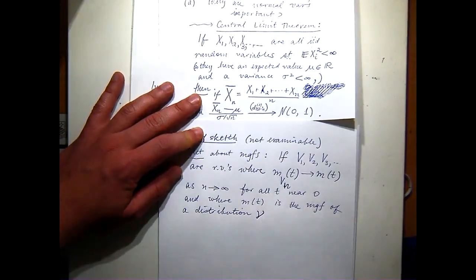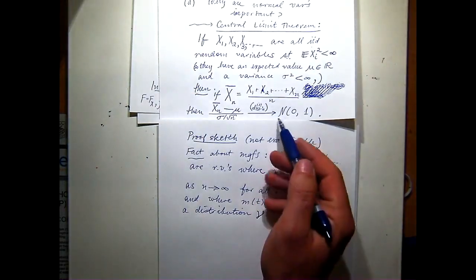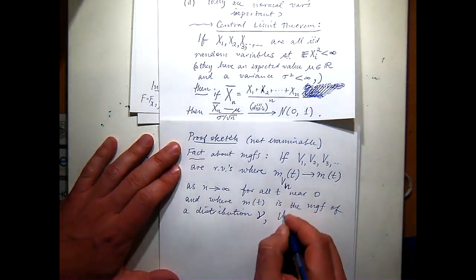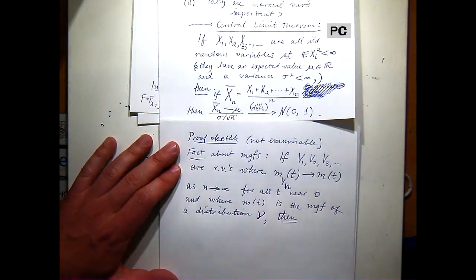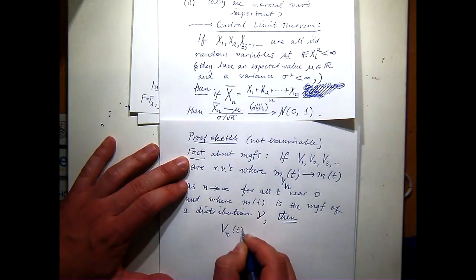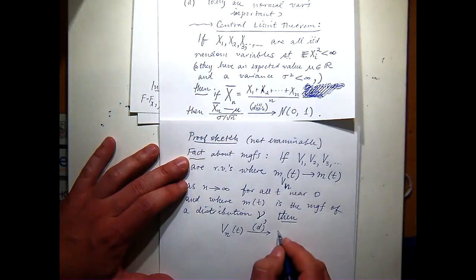That looks a lot like a V, but it's a Greek letter nu. In this example, it's going to be normal 0, 1, but I'll just write nu because that's a general distribution. Then this is what I was claiming to be true. Vn of t tends in distribution, D is short for convergence in distribution, to nu.